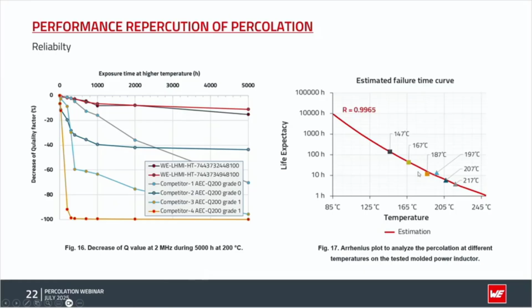We set the same criterion: 40% decrease of the Q value represents 100% increase of the losses. For us, that is a failure because your design is going to change dramatically. So we do the test, and you can see there is a strong correlation, with an R squared of almost 0.99. Based on that, if you use your part at 85 degrees, you can expect a failure around 10,000 hours, almost 1 year and a half.